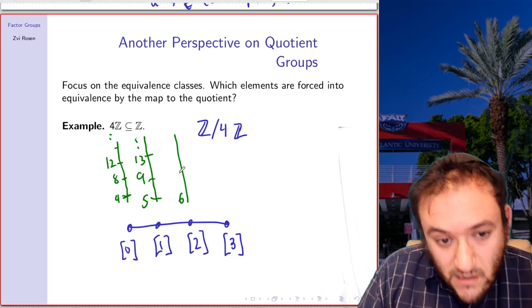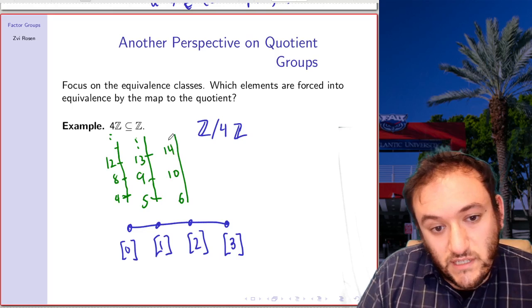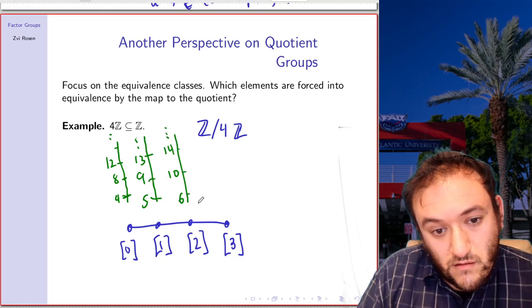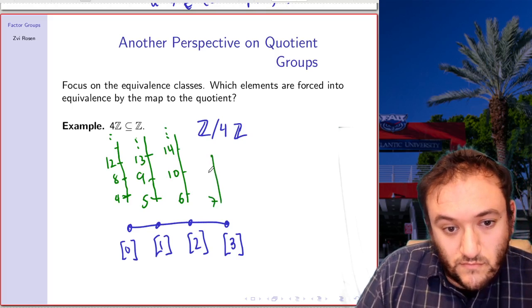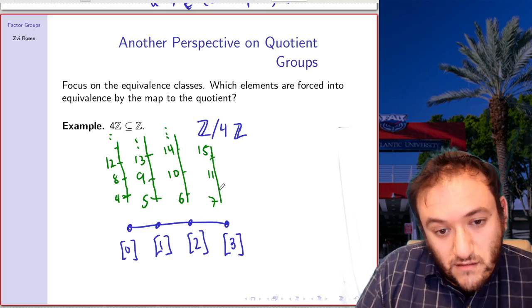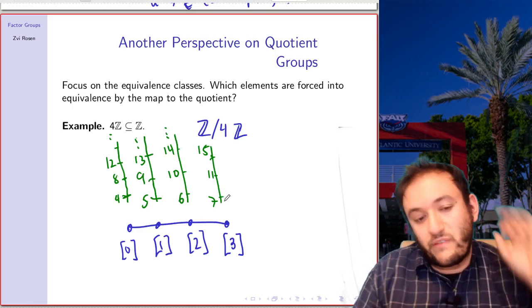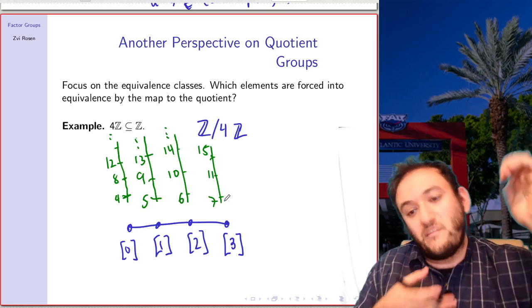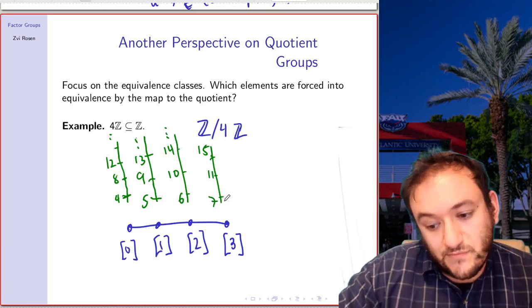And same as here, 6, 10, 14, etc. 7, 11, 15. And so instead of just thinking about 0, 1, 2, and 3, you can think about all of these elements of the integers being tethered together in this class.